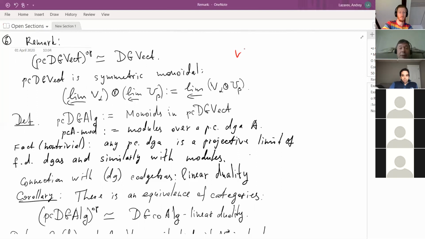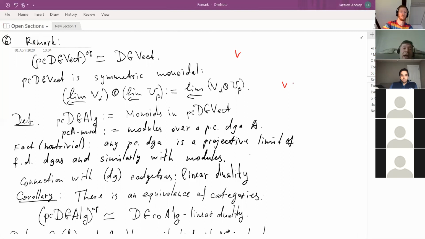Every vector space is a union of its finite dimensional subspaces. So if it's the ind-category of finite dimensional vector spaces, then the pro-category will be anti-equivalent to it. Moreover, the category of pseudo-compact vector spaces is symmetric monoidal under the following tensor product. We have one pseudo-compact vector space and another, and we just tensor them component-wise and then take the limit.